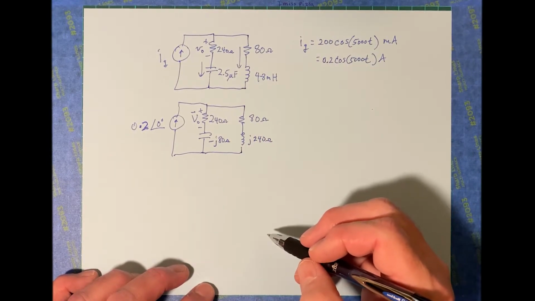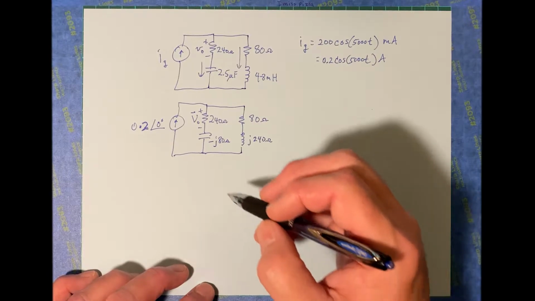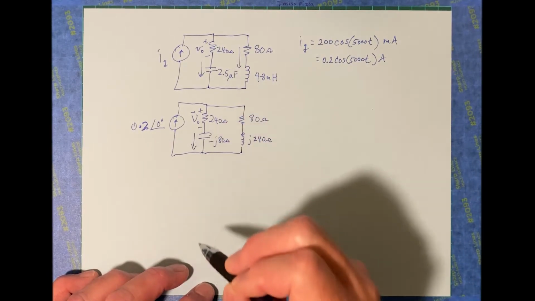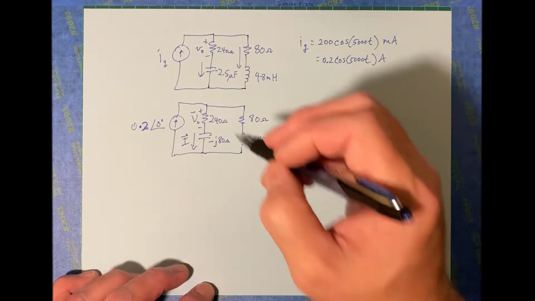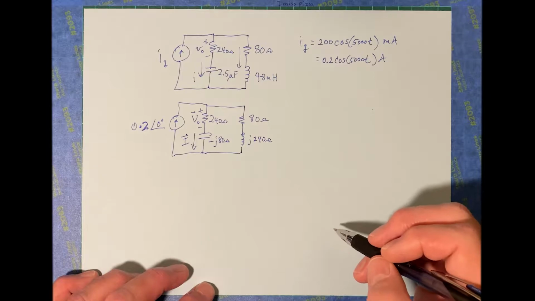Okay, so let's see, what are we after? We want to know the current going through that branch. Let's just call that phasor I current. That would just be I up here.